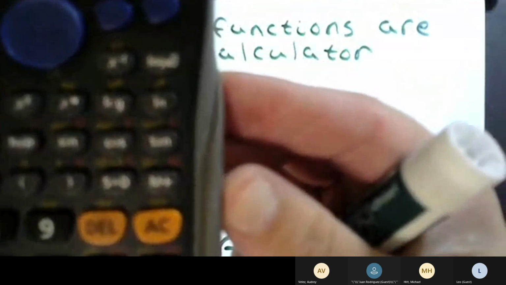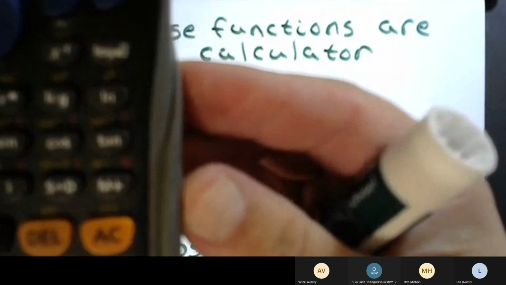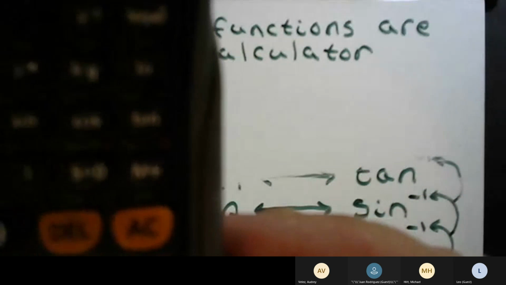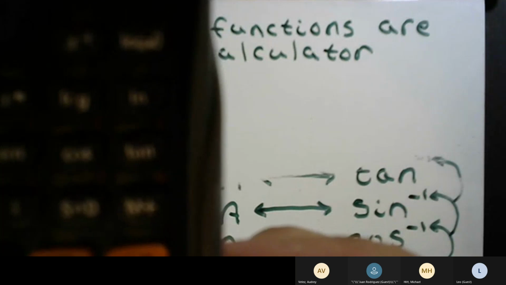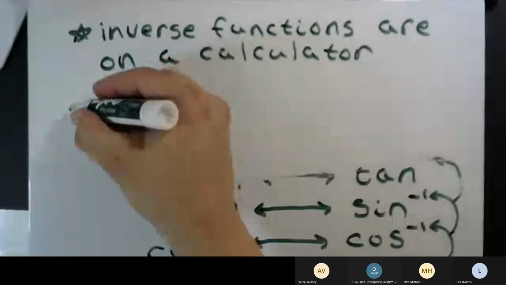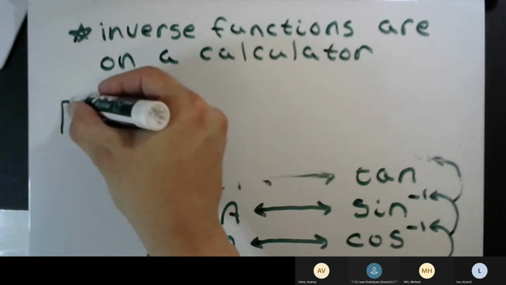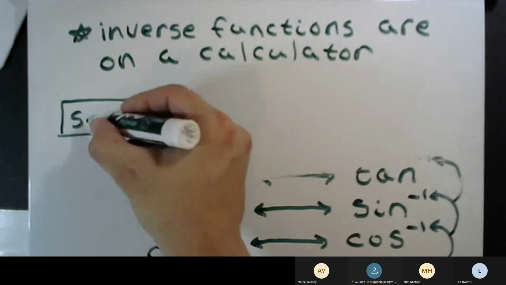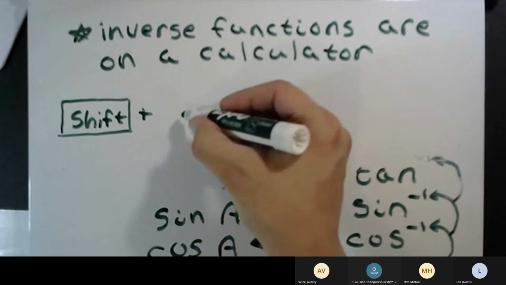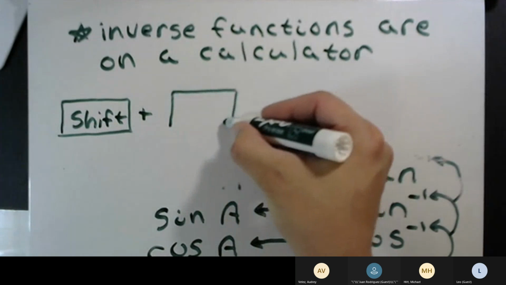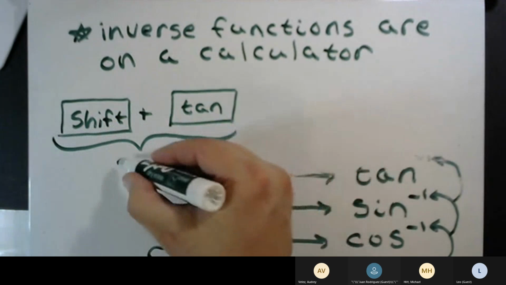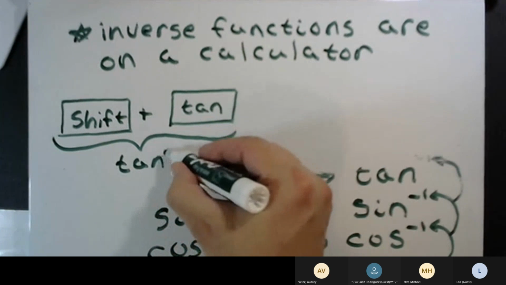But if you look at my tangent key, you'll see in yellow just above it, I don't know if you can see that very well, a tan inverse. So on my calculator, what I have to do is I hit Shift plus the tangent key. And this is going to give me tan inverse.